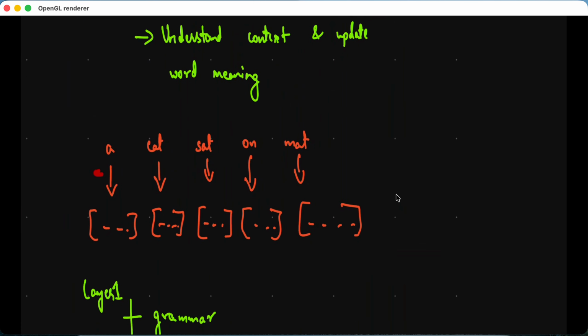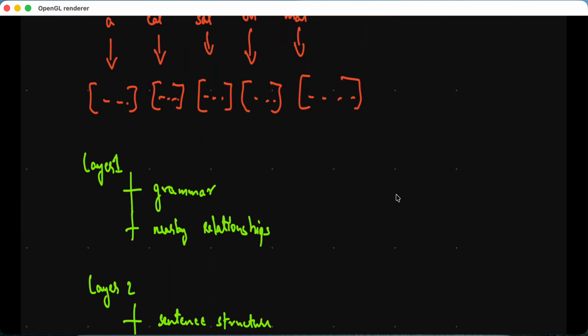So let's say "a cat sat on a mat", and each word has a vector embedding, and each vector embedding is passed through layers, and in each layer you understand something. We change the vector values accordingly, like inside there are values, right?